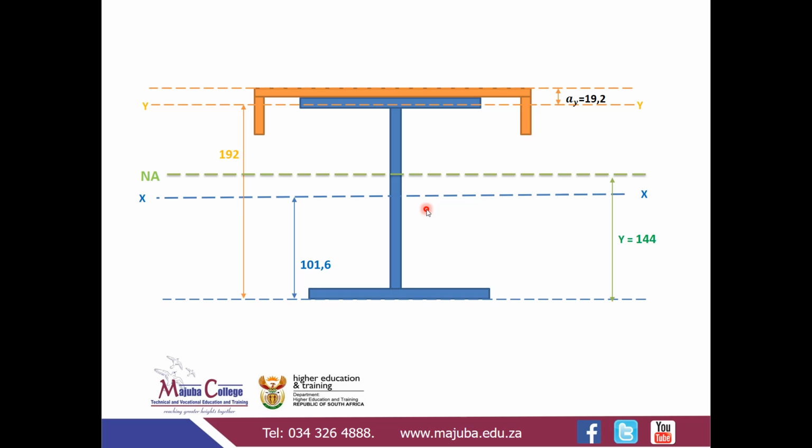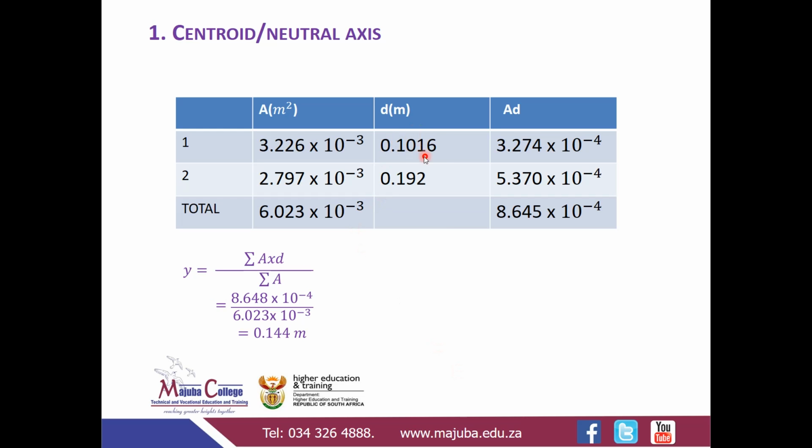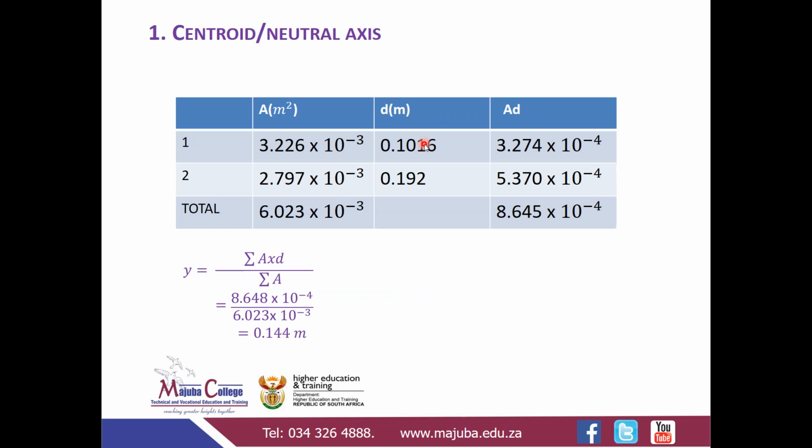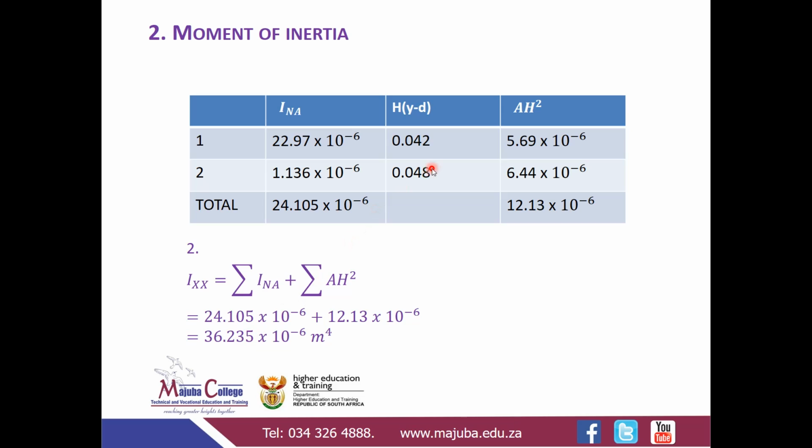You take your D, which is this one, and then subtract your Y, and then you'll get your H. Again, you'll take your D for your number 2, and then you subtract your Y, and then you'll get this one.